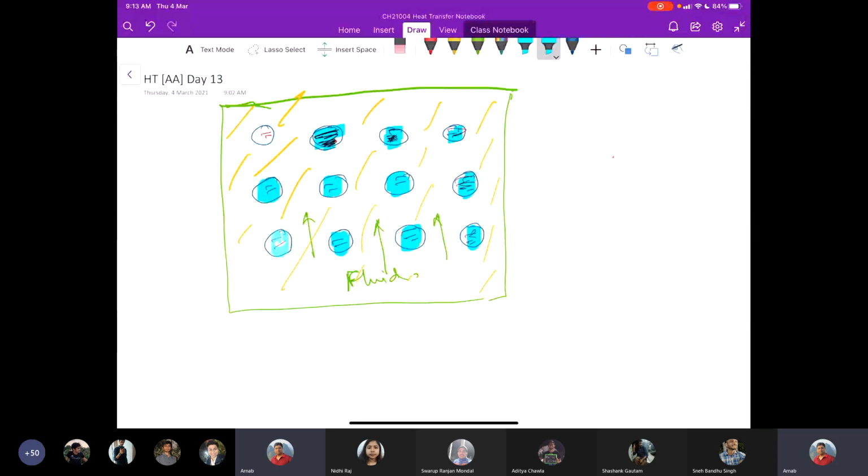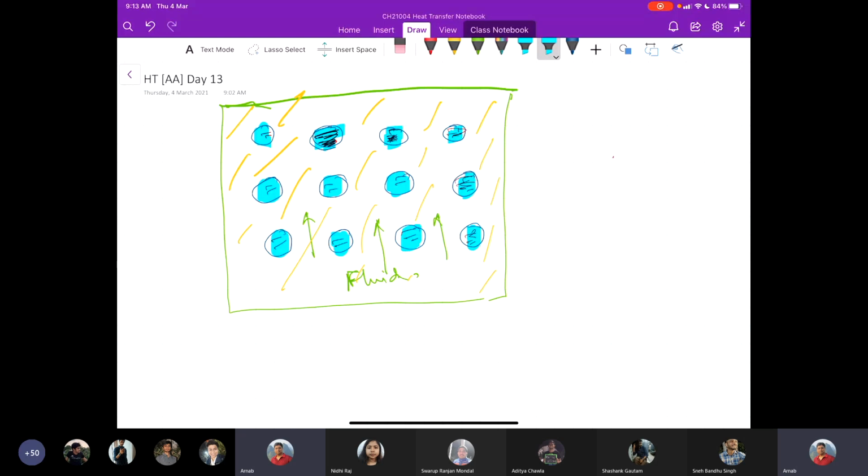Now say you have a hot fluid that is flowing in these highlighted tubes. You are trying to cool it down. So what will happen outside this arrangement? There is a fluid with a lower temperature.